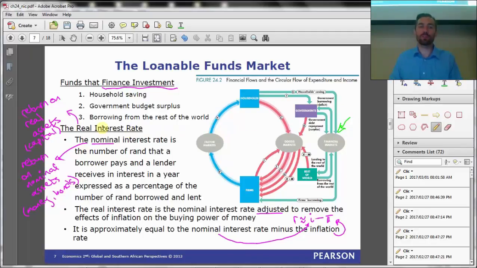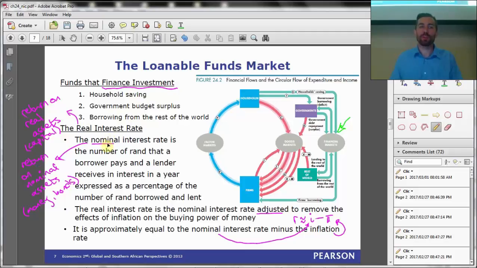There's a difference between the real interest rate and the nominal interest rate. Generally, when we refer to the real interest rate, it is the return on real assets, like the physical capital, whereas the nominal interest rate is the return on nominal assets, like money or bonds. In other words, nominal assets are financial assets.